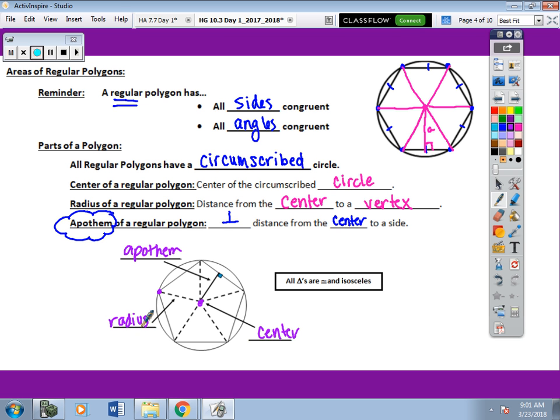So below we have a couple formulas. Now, the formulas are all derived from the triangle. If you were to find the triangle, it would be 1/2 base times height, and then you'd multiply by the number of triangles, which is the same as the number of sides.